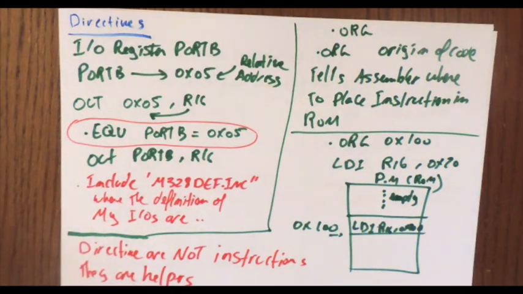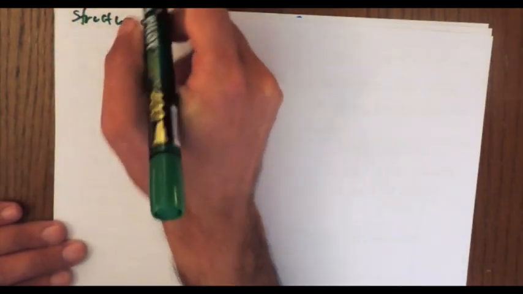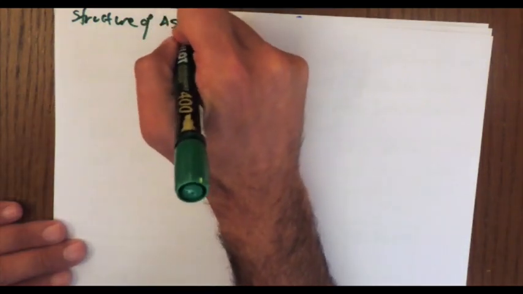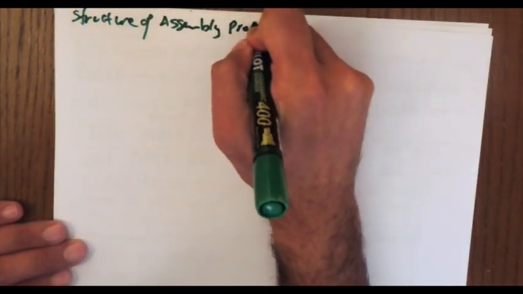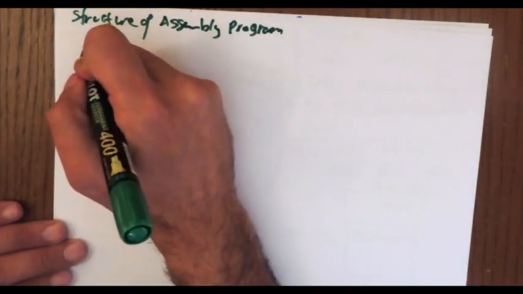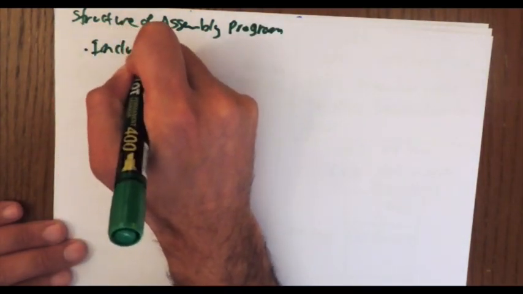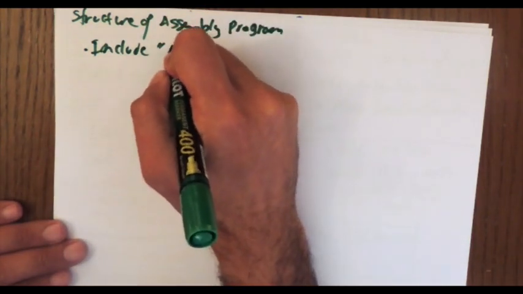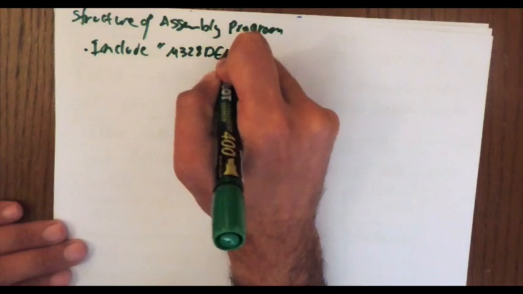So now if I want to change gear a little bit and talk about the ROM, or the process of writing a code. First I'm going to talk about the structure of an assembly program. Usually we start with a .include, and we are using the m328def.inc.